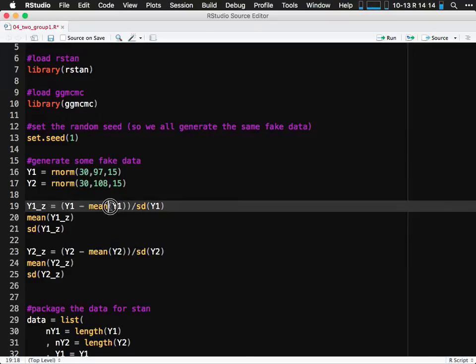So the thing is that we've standardized them within themselves. We actually want to refer to the mean of both y1 and y2 and the standard deviation of both y1 and y2.